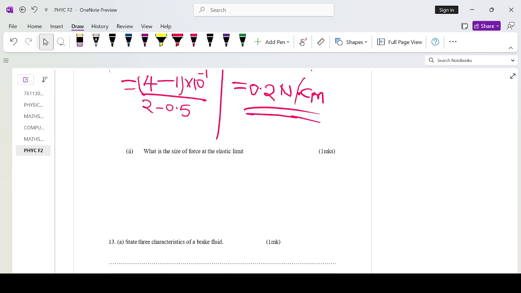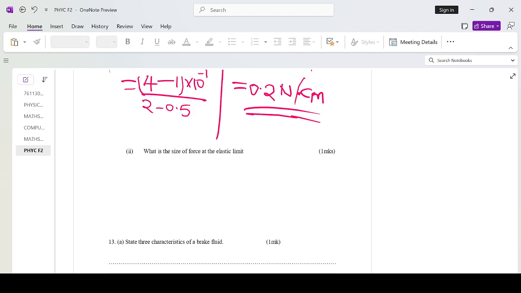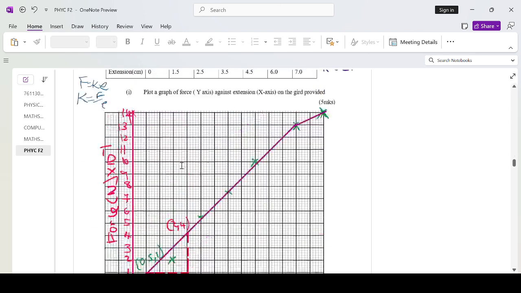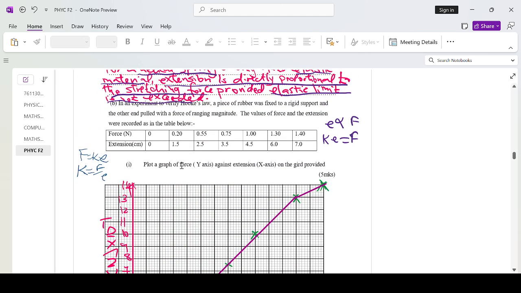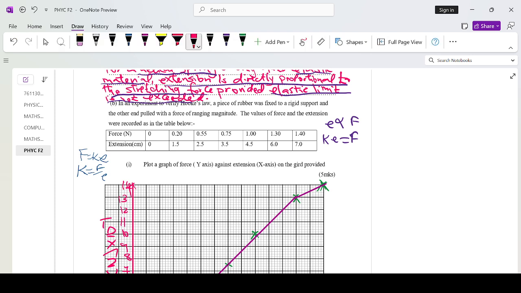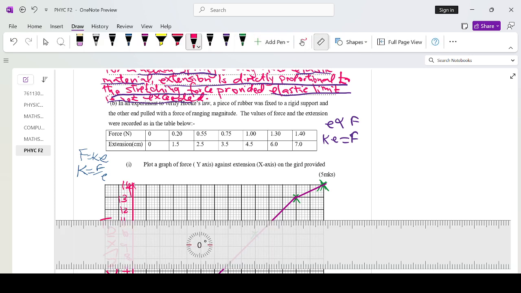For you to answer that question, learners, you must know at what point we call that the elastic limit. The elastic limit is the point after which the straight line now tends to bend. So this point is what's called the elastic limit, and for the force there, maybe just use a ruler.